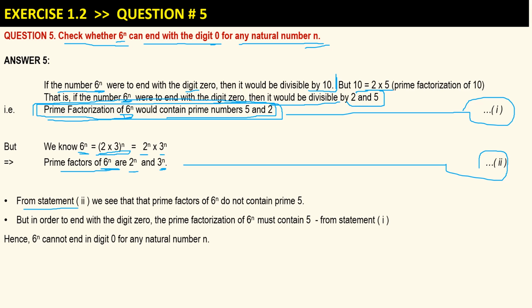From statement number 2, we see that the prime factors of 6 raised to power n do not include the prime number 5. But in order to end with the digit 0, the prime factorization of 6 raised to power n must contain the number 5. And this is what we found from our statement number 1. So we can clearly say that 6 raised to power n cannot end with the digit 0 for any natural number n.